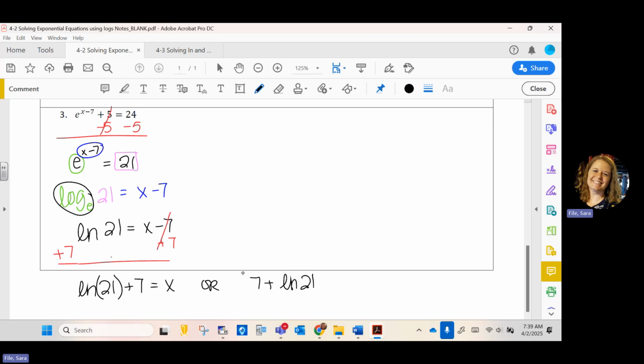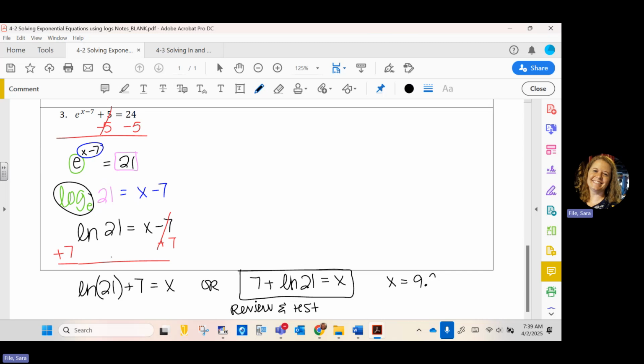This is most likely the format that you would see on the test for answers, review and test answers. So I'll make a note of that. But in your Desmos practice, or Delta Math practice, they want you to go ahead and give a decimal.